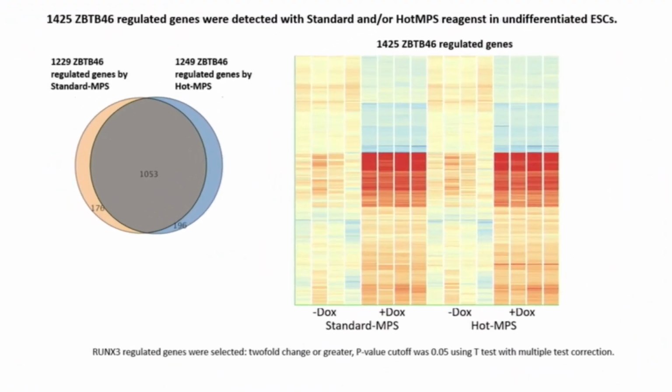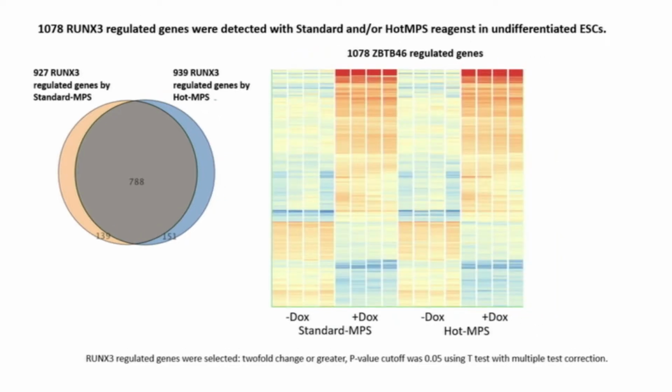Here you can see the ZBTB46 results. Once again, the pattern is very similar and a huge number of transcripts overlap. So we should say more or less the same results can be obtained using the standard versus the hot MPS chemistry. And here you can see the result of the Runx3 regulated genes.